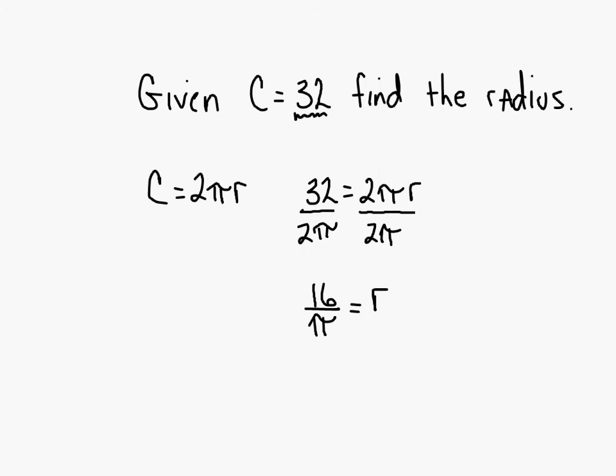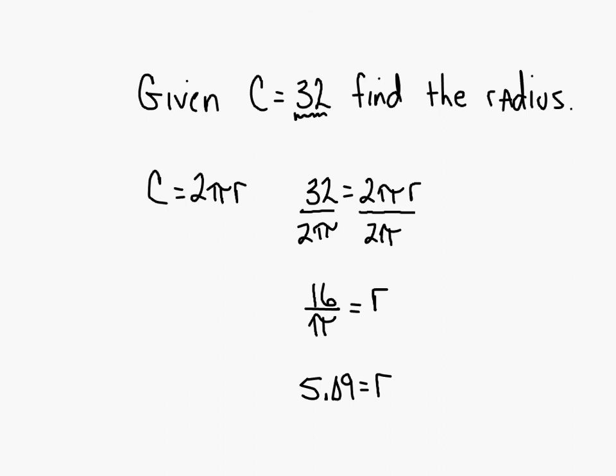On your calculator, type 16 divided by the pi button and hit equals. You're going to get 5.09 equals the radius. Okay?